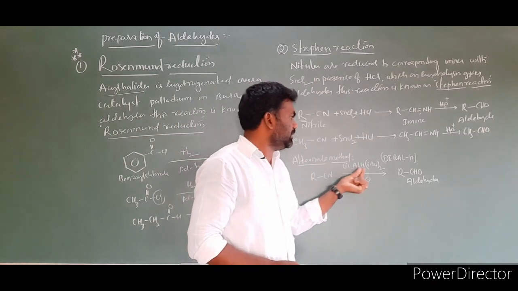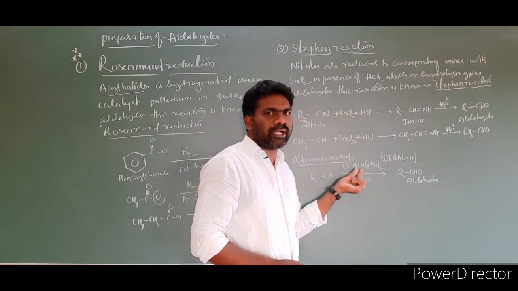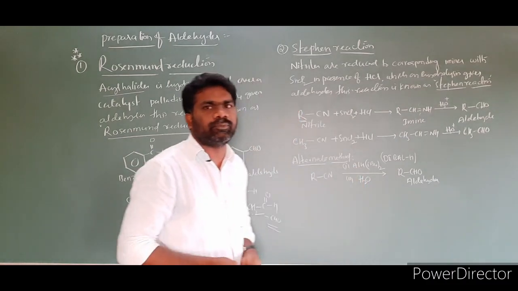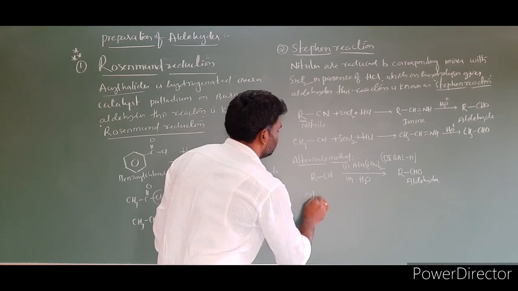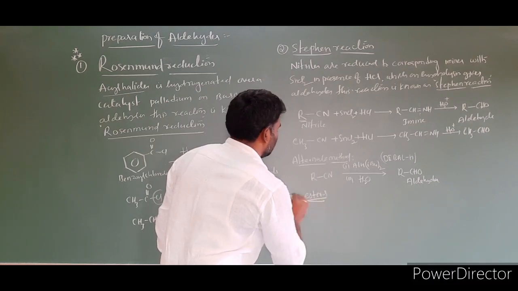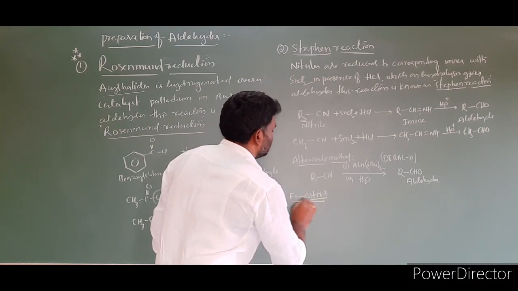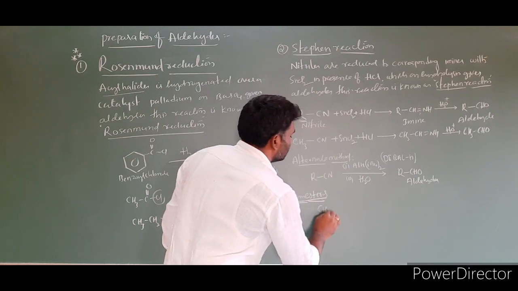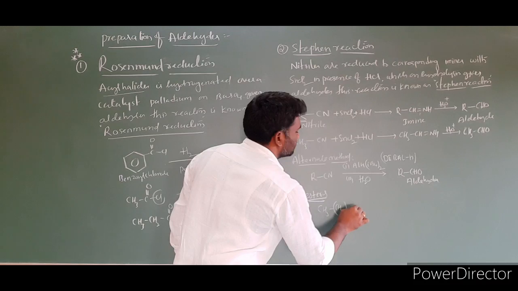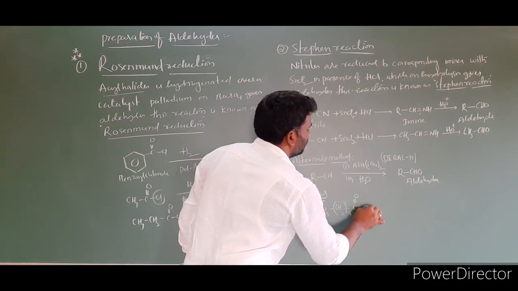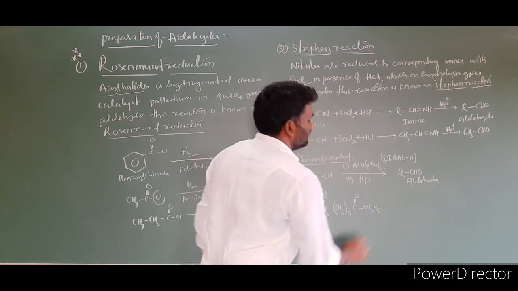Even by using diisobutyl aluminum hydride, we are able to prepare aldehydes from esters also. I am taking an example from esters: CH3 (CH2)9 C double bond O C2H5. This is the ester I took.